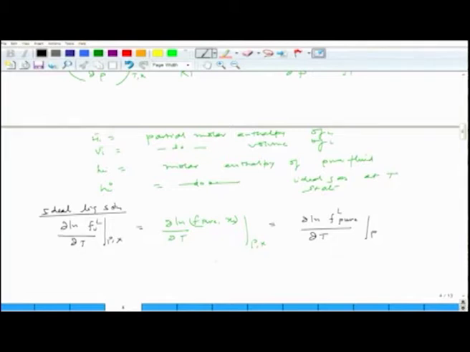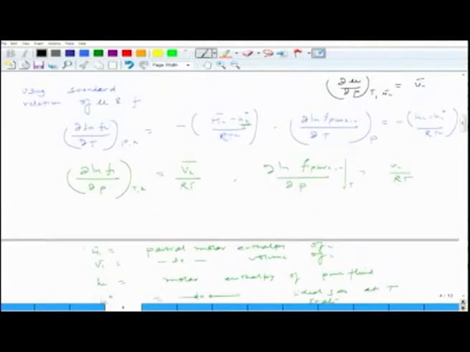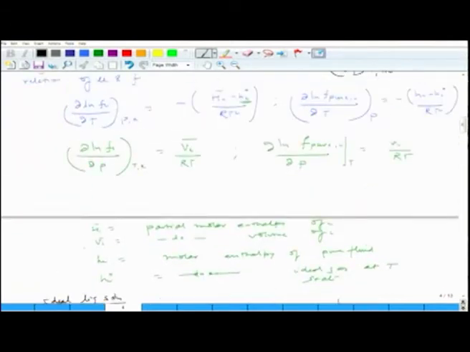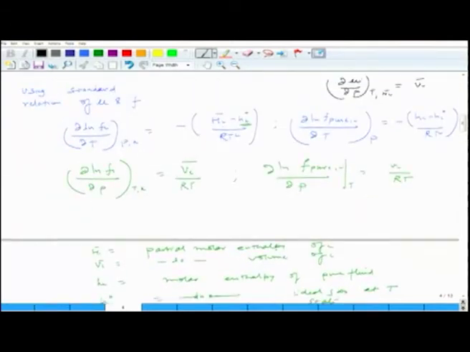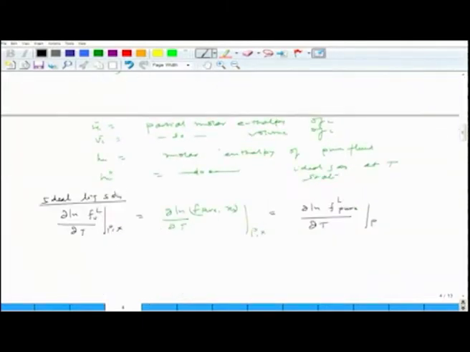Now, if you look at it, del ln f by del T is nothing but Hi bar minus Hi 0 divided by RT square.